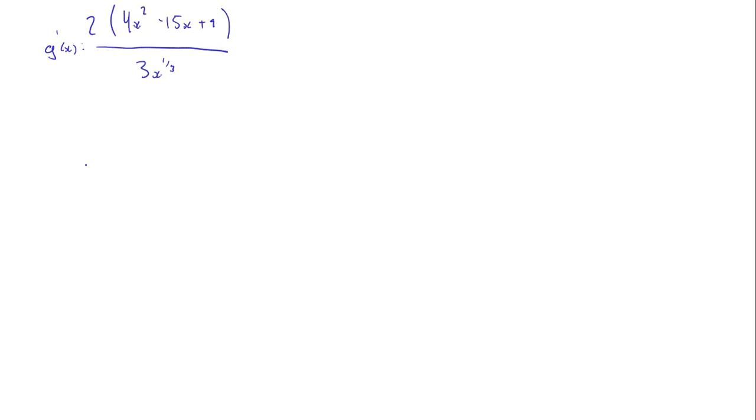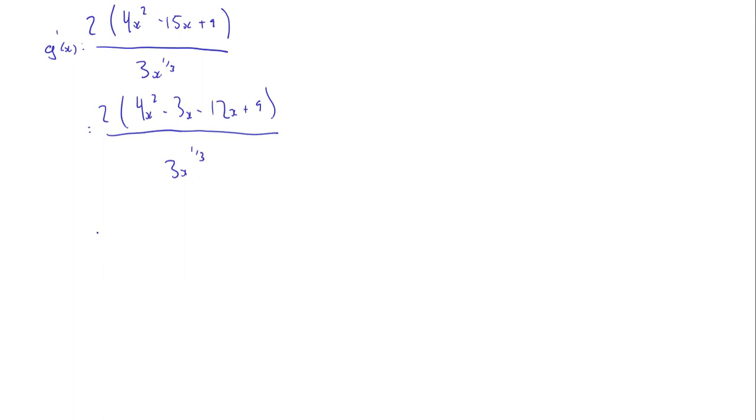I'm looking for numbers that are going to multiply together to get 36 and add to get -15. Oh, this is going to be a mess. That's going to be -12 and -3, right? Yeah, okay. So 2 times 4x squared minus 3x minus 12x plus 9. You can factor this however you do it.